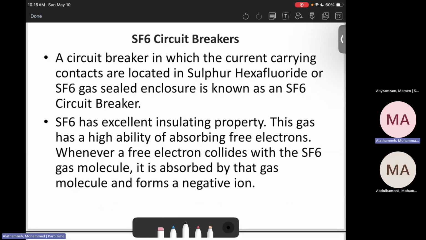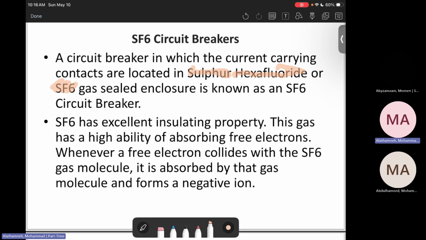Now the next thing is using SF6 to extinguish the arc. What's SF6? It's called sulfur hexafluoride, or in other words, SF6.